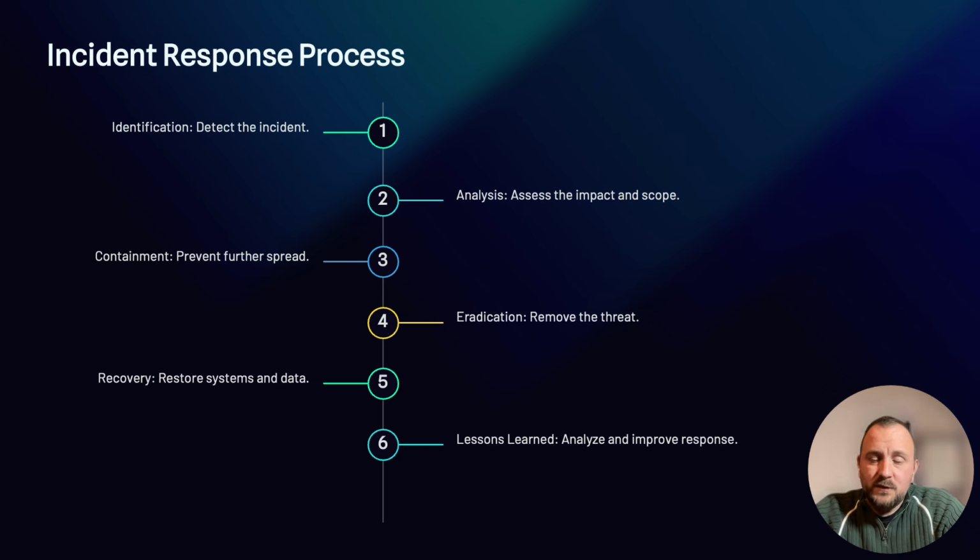IR should be streamlined. The outcome of the incident response plan is to protect your company and its assets while informing future risk mitigation strategies. As we've discussed before and mentioned in this slide, ensure you have an incident response plan.